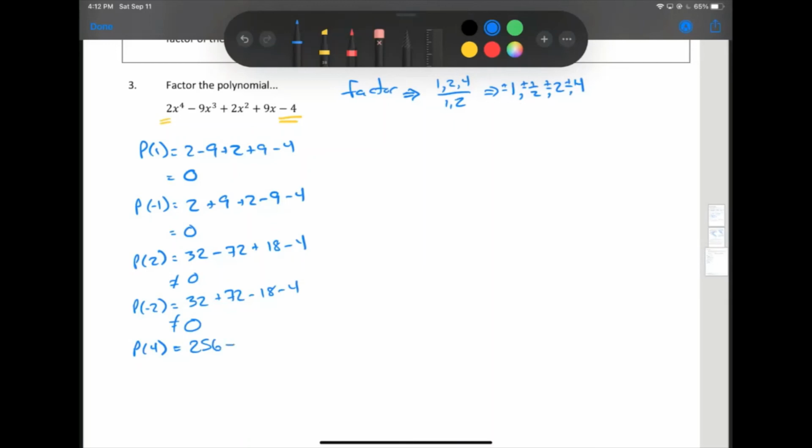Minus 4 to the power of 3 times 9, minus 576 plus 9 times 4. Why am I doing the math on this? Plus 32. Oh, sorry, I'm missing something.